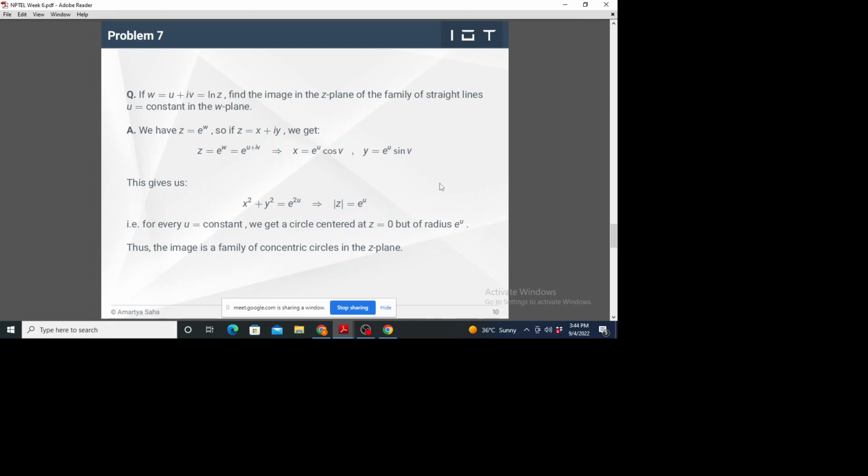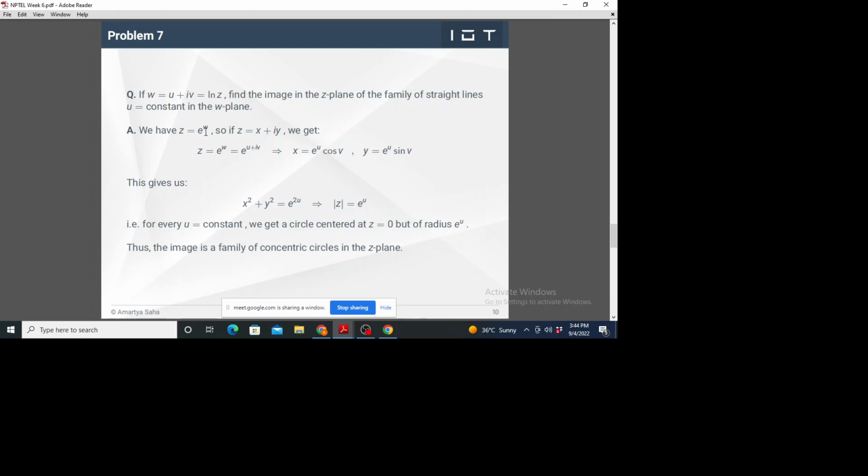As I said, the final answer will not change. So I have just simply taken the principal value of the log function. That is called the principal branch of the log function.